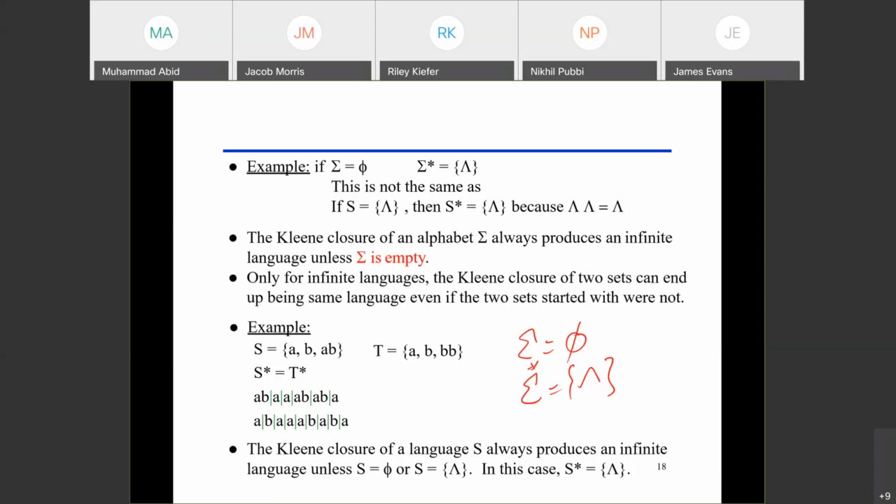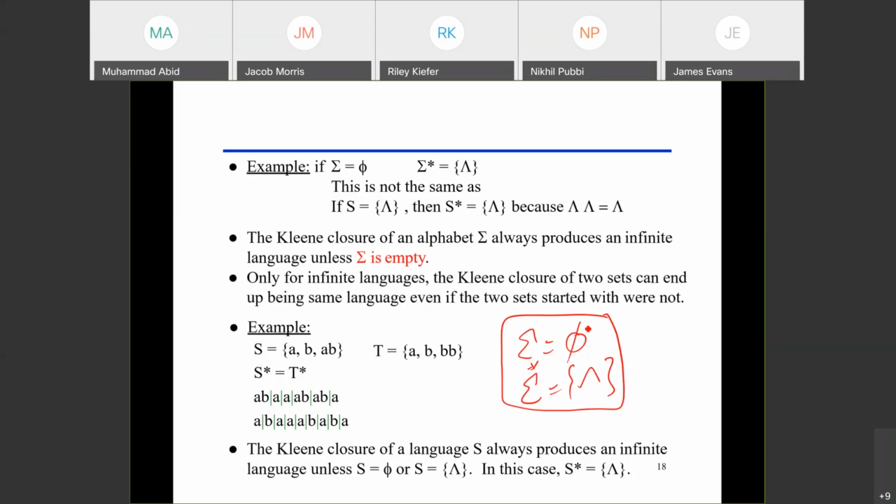This is the property of Kleene star. Besides, your summation is equal to phi language, it does not have any a, b or anything else. So that's the only word we will have, which is without any letter. So this is one scenario.